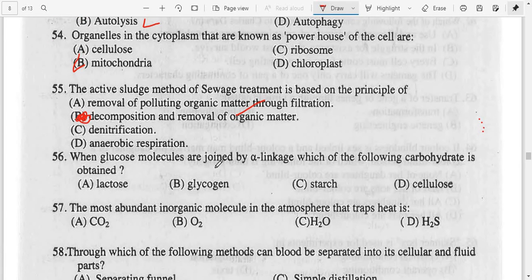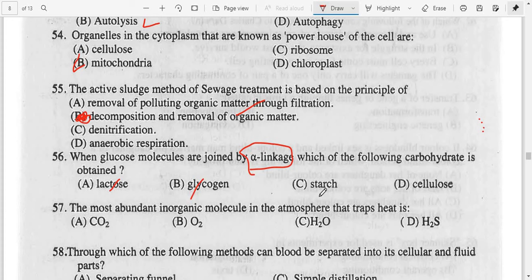Which of the following carbohydrates is obtained by alpha linkage? Glucose molecules joined by alpha link. Okay. Lactose? No. Glycogen?